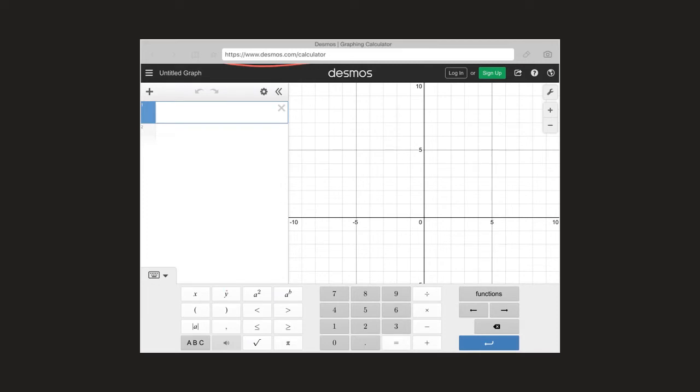And I'm going to enter in y equals x, and then I need to put an exponent 2 on it. I can hit my a squared button, because that is my default squared exponent. So I hit a squared, and there is my graph.